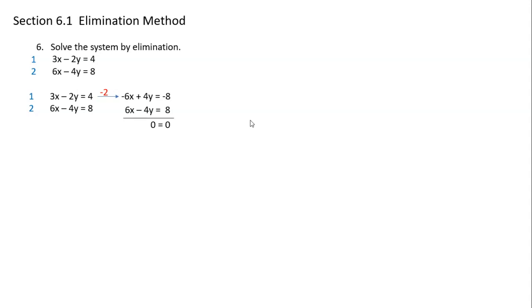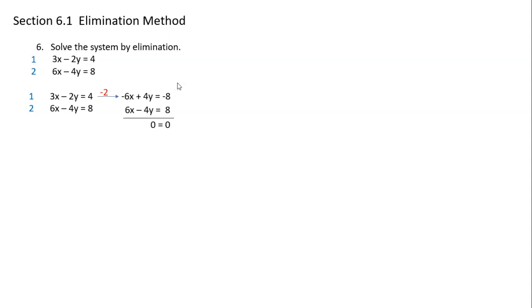Now, this is a true statement, right? 0 is equal to 0. But what does it mean when we have this answer, 0 is equal to 0? Well, what this means is that these two lines are basically the same line. One way you can think about it is that it's one line on top of another line.